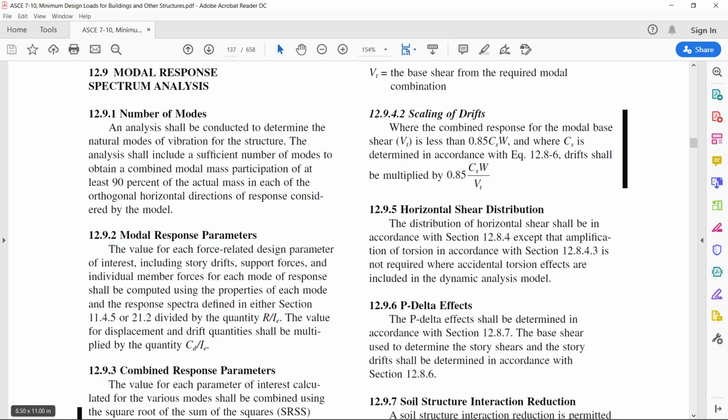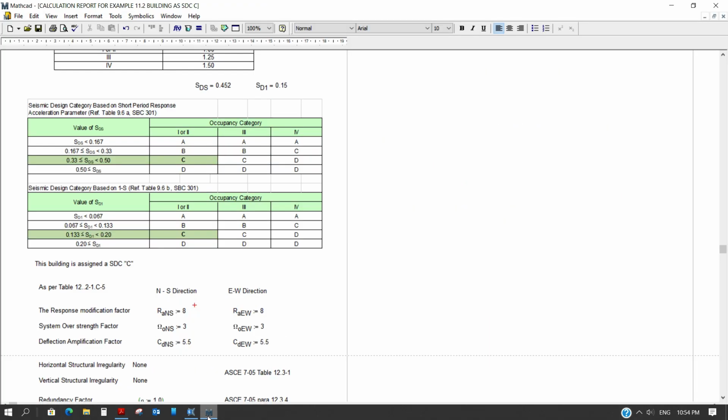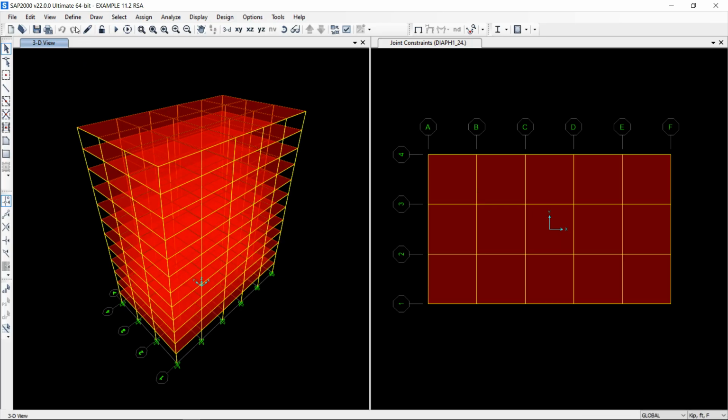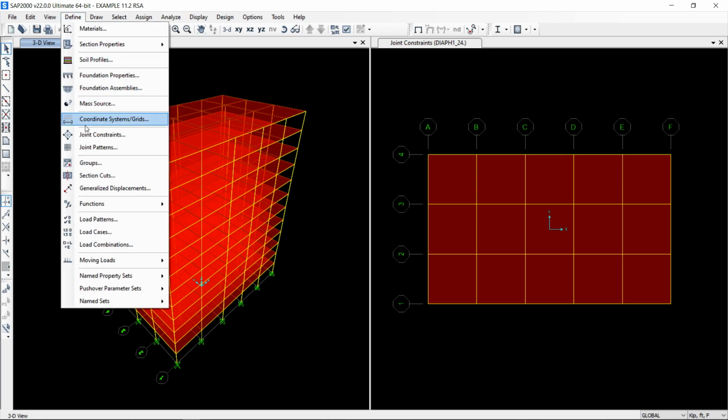Where are we going to use this? We are going to use it when we define a new load case, which is the response spectrum load case. But before that, we have to define a function, which is the response function.